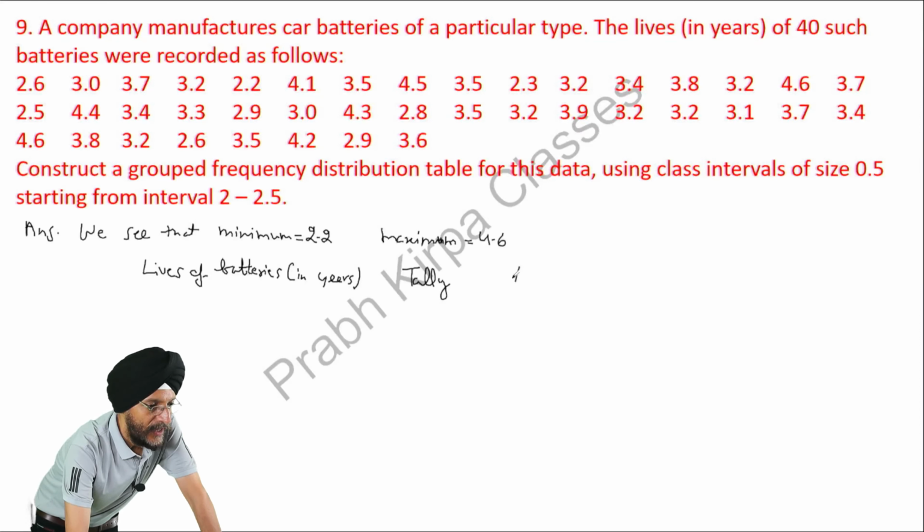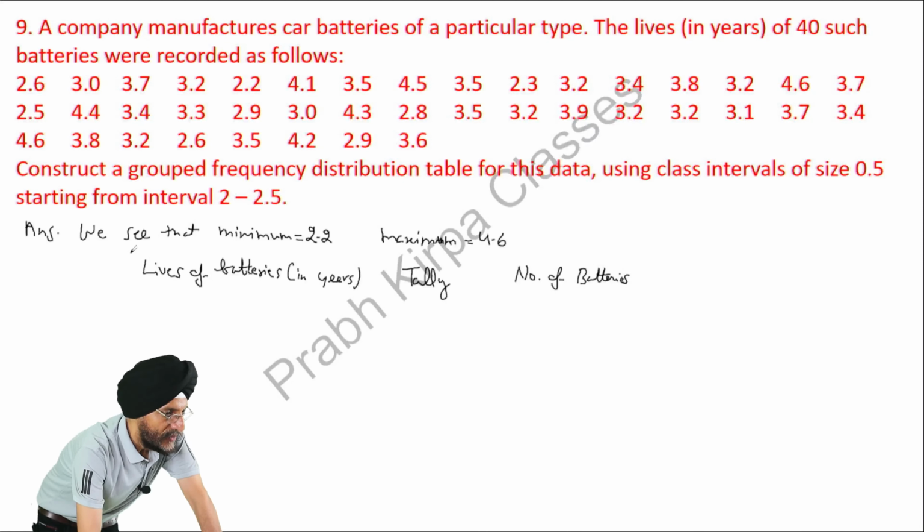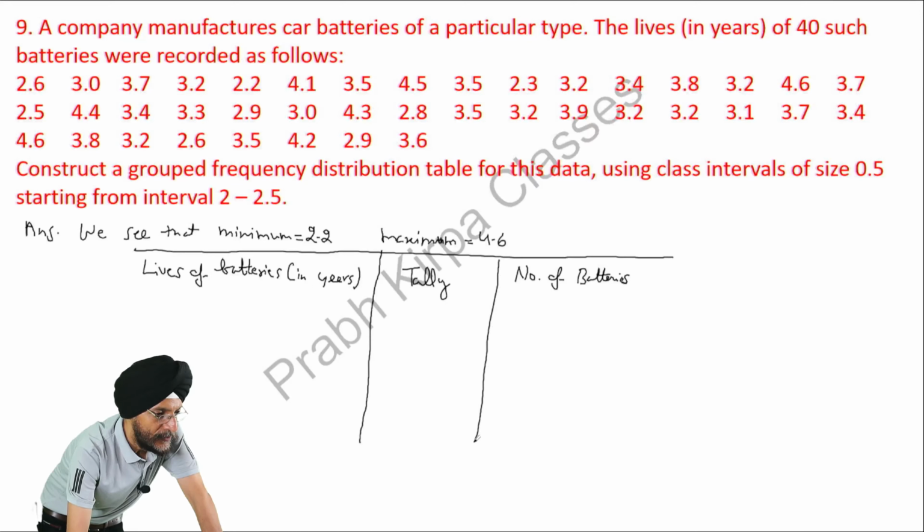As we will have to sum up the same tally, we will write here the number of batteries. So we have formed these three columns.